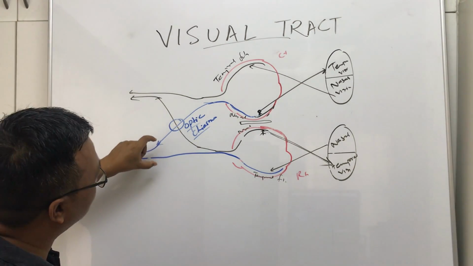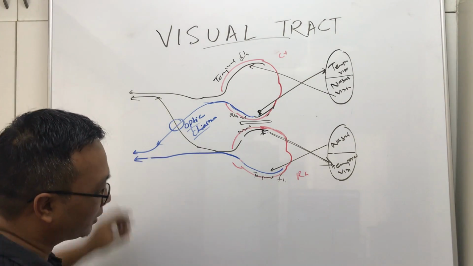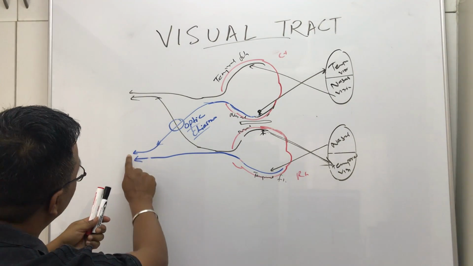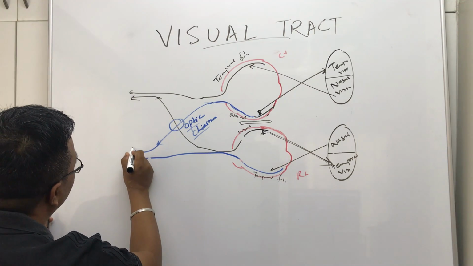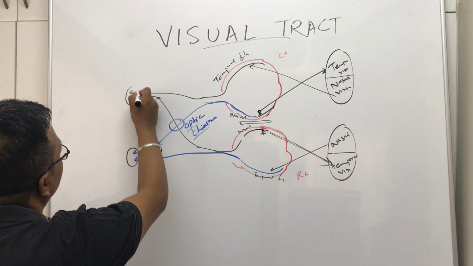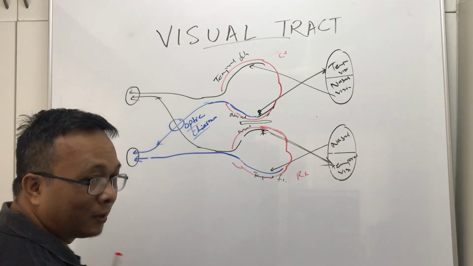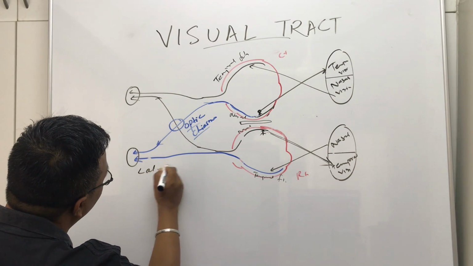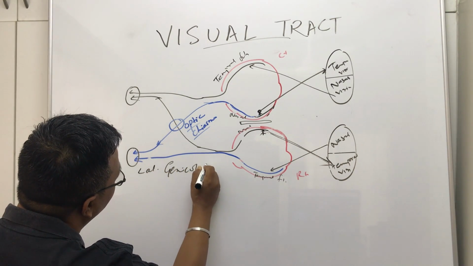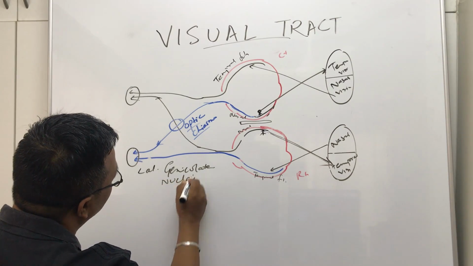Now from where does it go? From here, it terminates in the thalamus. Where in the thalamus? They terminate in the lateral geniculate body, the lateral geniculate nucleus of the thalamus.